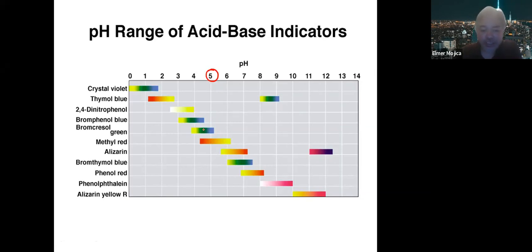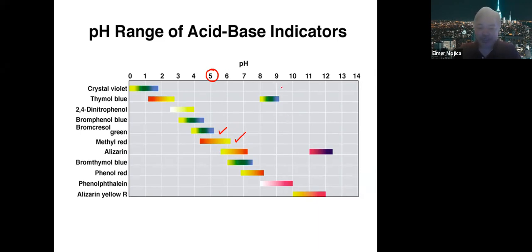Your choice would be either this or this. You cannot use this one because at 5 it is blue, below and above 5. And this one is yellow, below and above 5. So there's no way for you to determine the difference if the pH range is around 5.